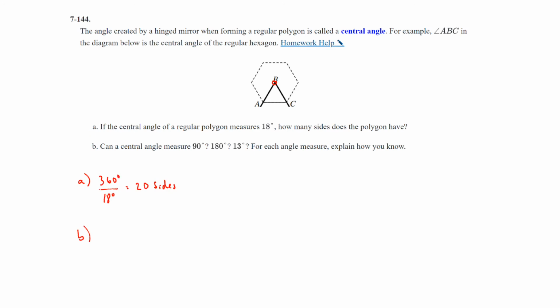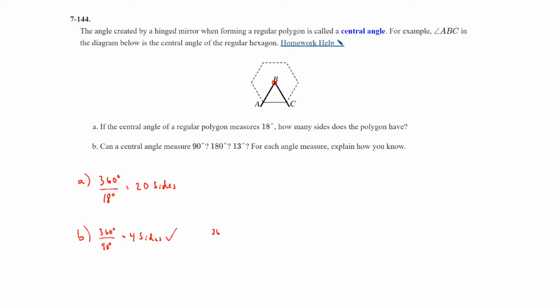Part B, can a central angle measure 90 degrees, 180 degrees, or 13 degrees? Explain how you know. For 90 degrees, if you take 360 degrees and divide it by 90 degrees, that gives you 4 sides, which would be a square, so that works.